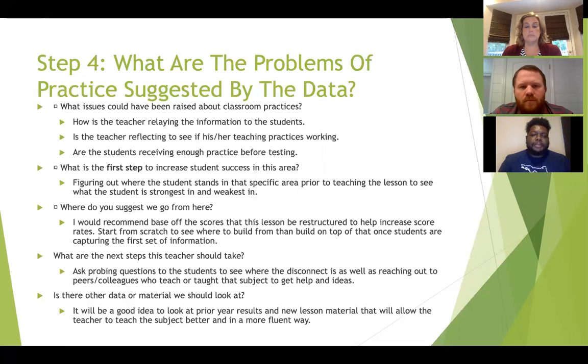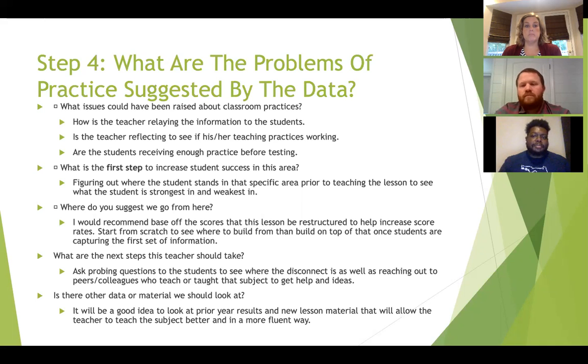Going back, thinking about taking it back to the basics, is the teacher relaying the information correctly to the students? Is she reflecting? What I'm saying is, is she providing them information, and then checking at checkpoints to see if the students are understanding what she's relaying to them, and if not, is she going back and reflecting on her practices?